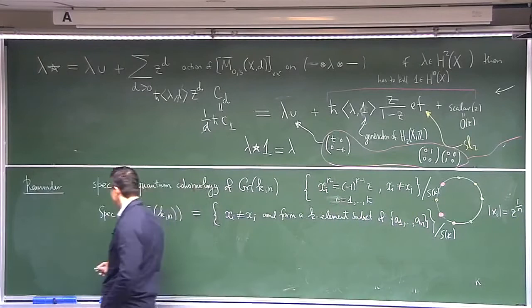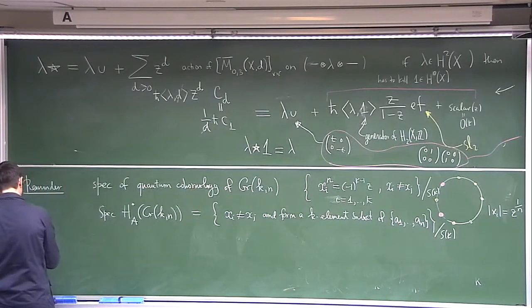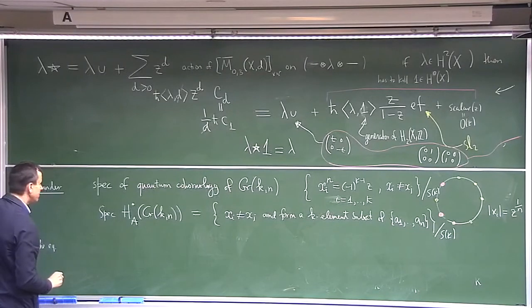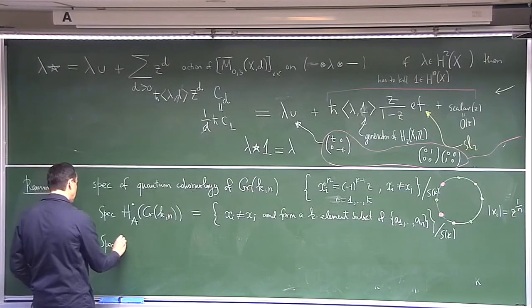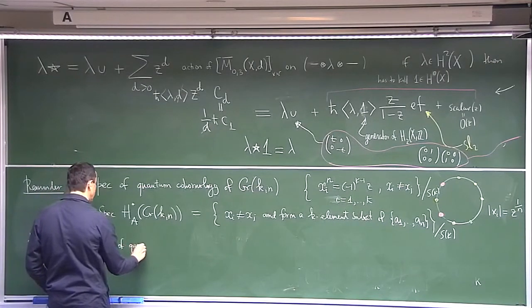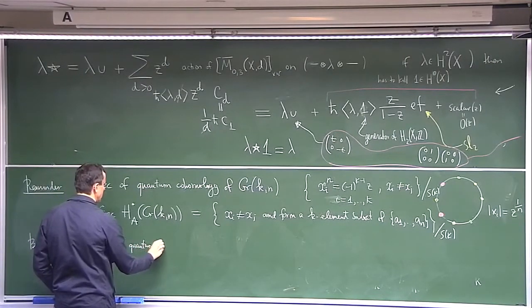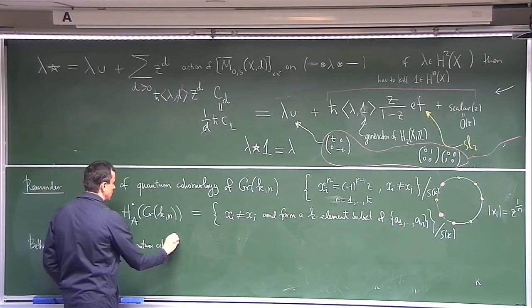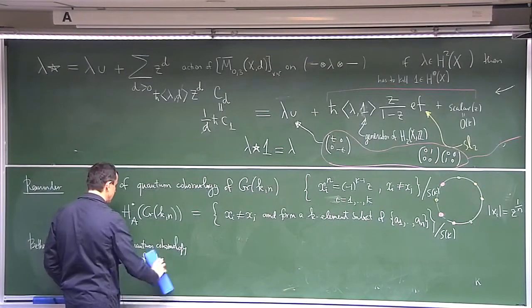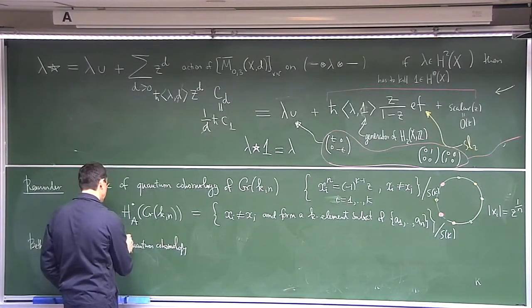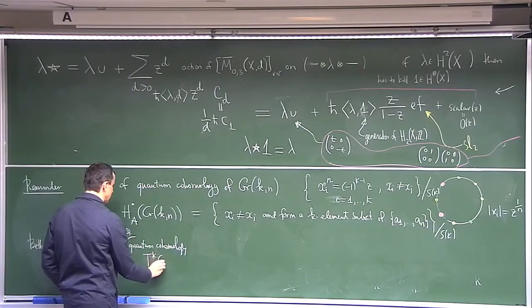And now there are the equations for the spectrum of the quantum cohomology of this equivariant Grassmannian.